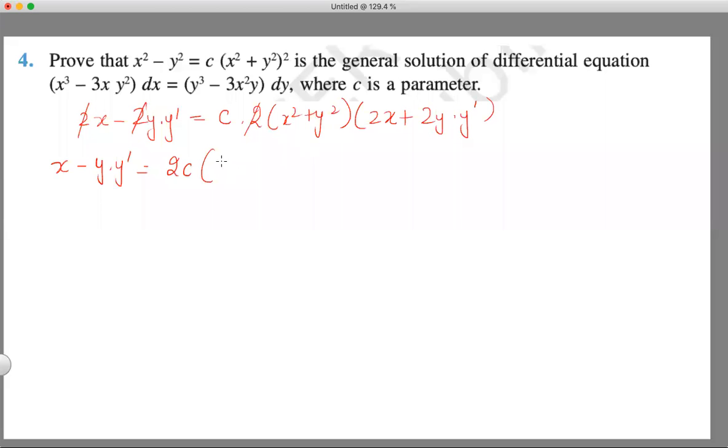So it will be x cube plus yx square y prime plus x y square plus y cube y prime. Okay, understood?